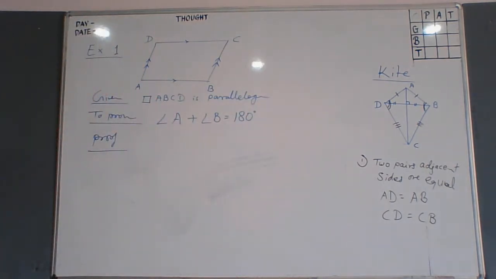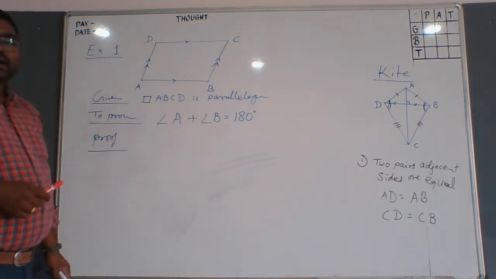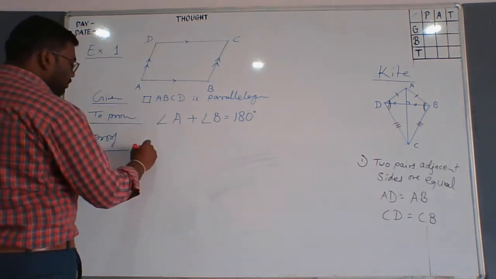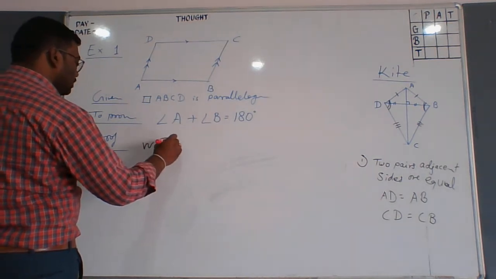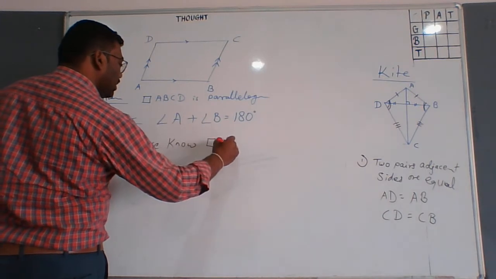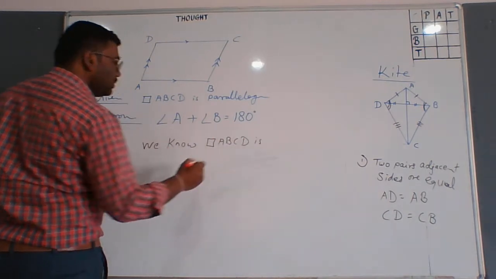It is given in our question, correct? Now we want to show that angle A plus angle B is 180 degrees. As we know that quadrilateral ABCD is a parallelogram.